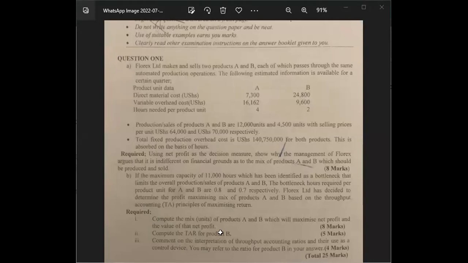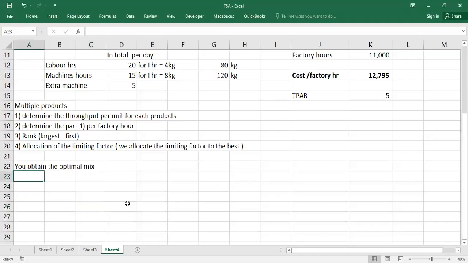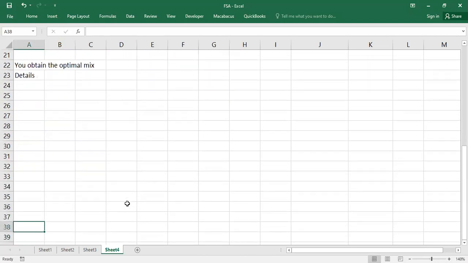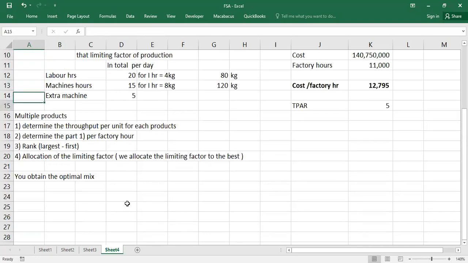Now, for questions that have multiple products, the schedules don't change. You have details here. The schedules make you a bit organized. Let me put alongside the workings that I put. You have A and B. You have products, then you have details.